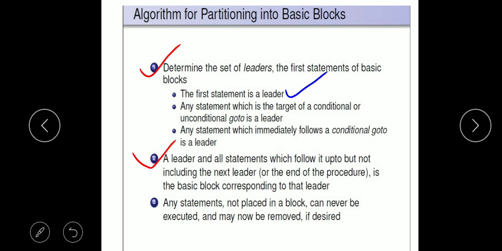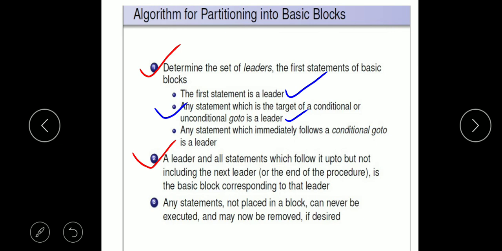Rule number 2: any statement which is the target of a conditional or unconditional go to is a leader statement.